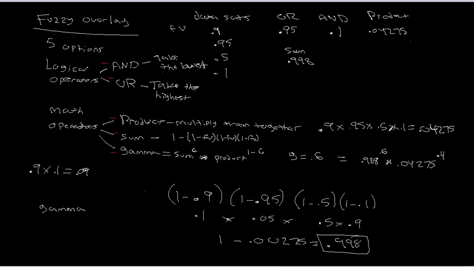Right, and so if we do that, 0.988 raised to the 0.6 times 0.04275 raised to the 0.4, what we end up getting for gamma, right, is 0.2813.